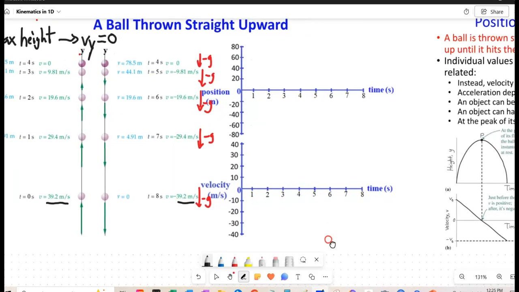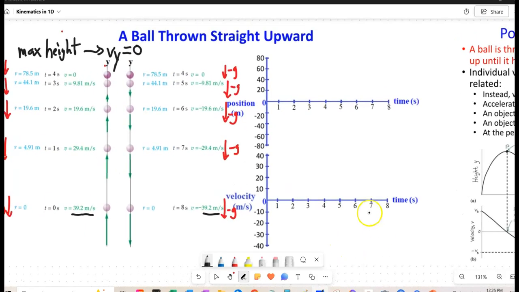And so what this looks like on a position versus time graph is this. So the first second is 5. The second second is about 20. Its position at the third second is about 44.